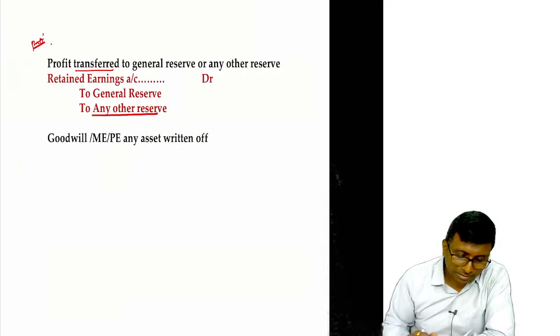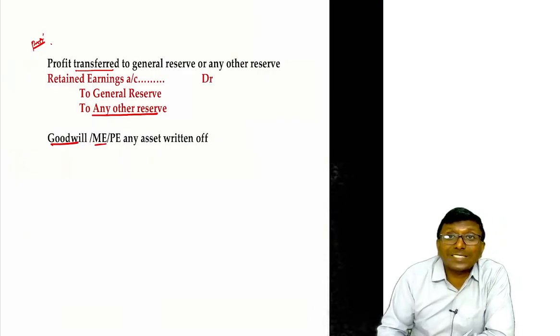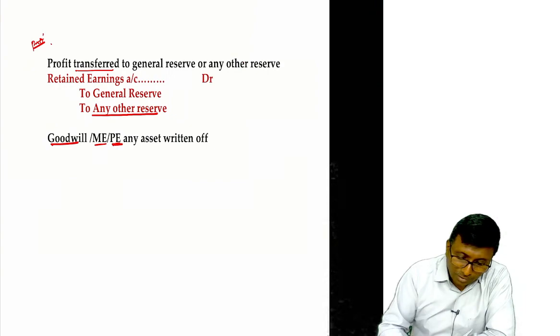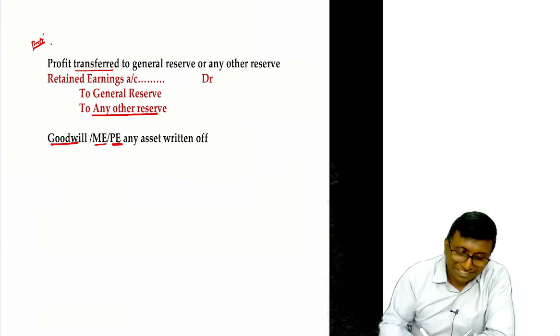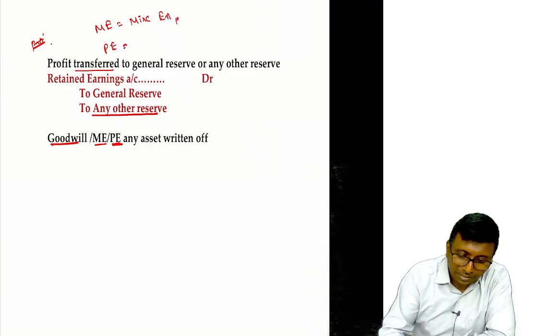Got it? Next thing. Goodwill, miscellaneous expenditure, preliminary expenses. ME stands for miscellaneous expense, PE means preliminary expense.